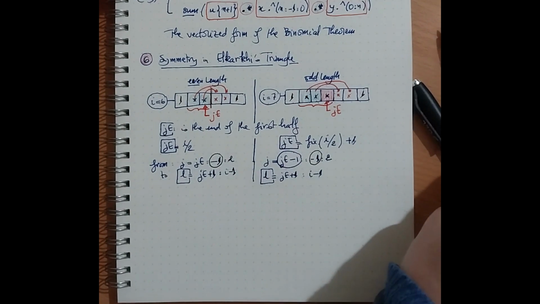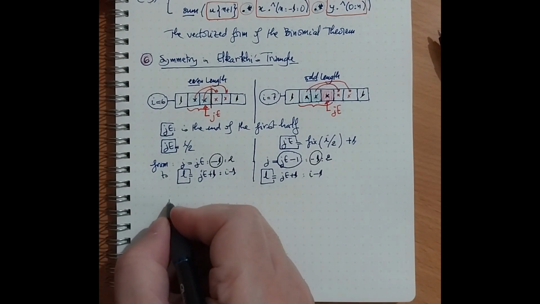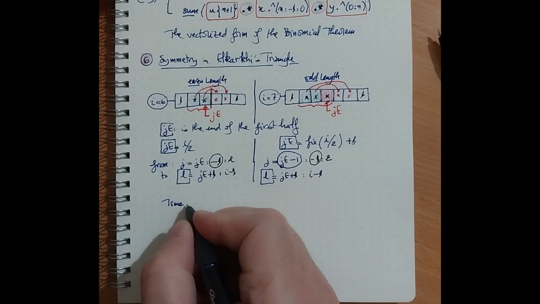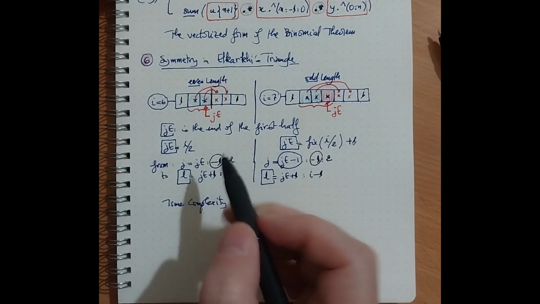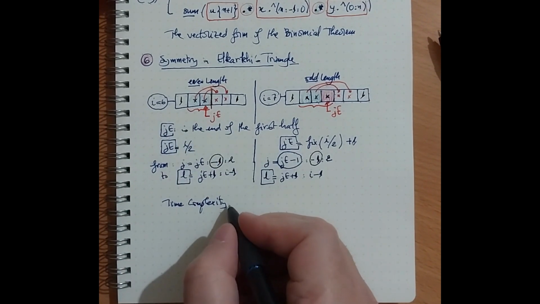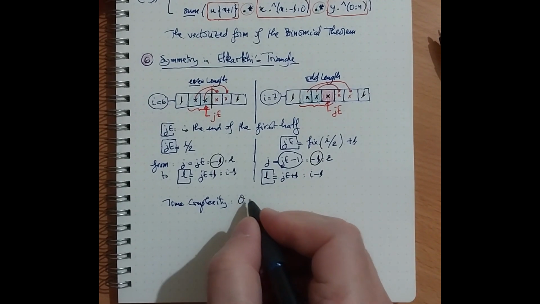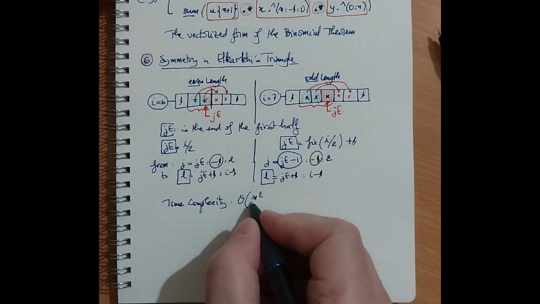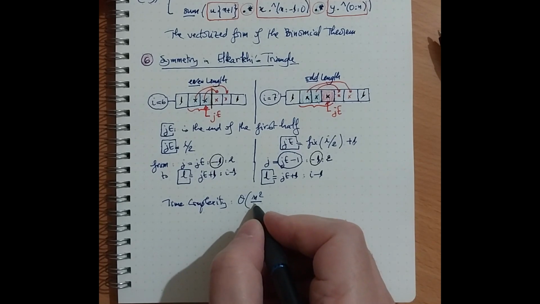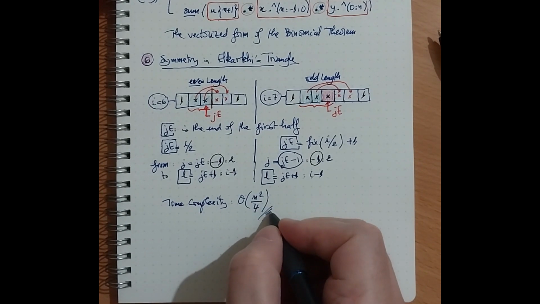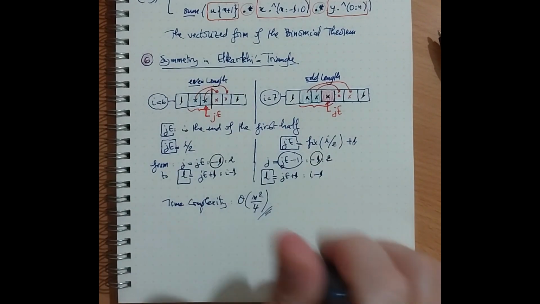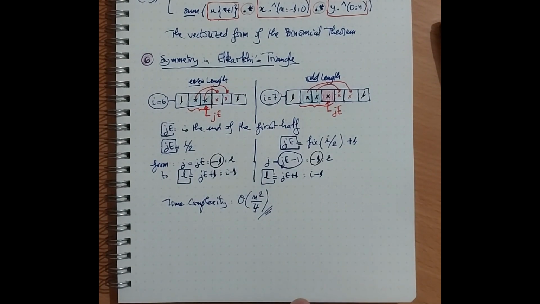And here the time complexity becomes actually the half, because we calculate only the half. The time complexity becomes the order of n squared over 4, not over 2. So twice faster. Let's see that in the computer setting.